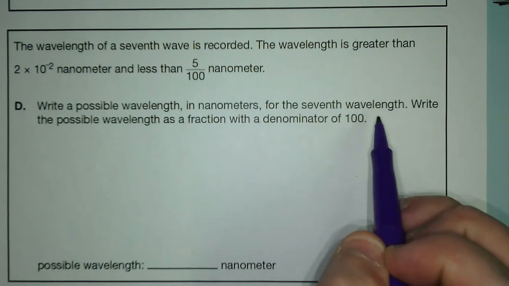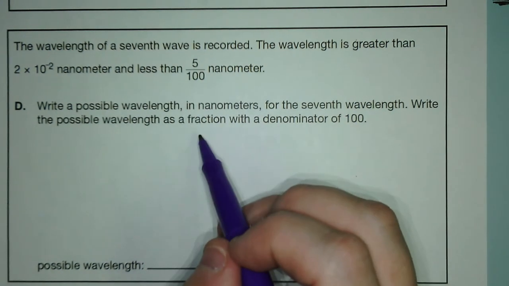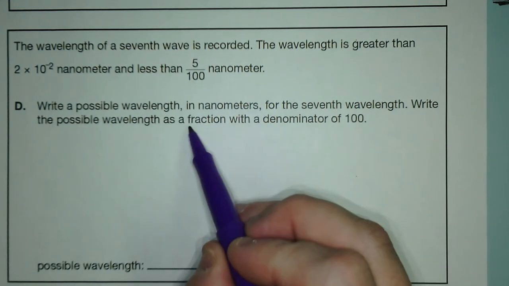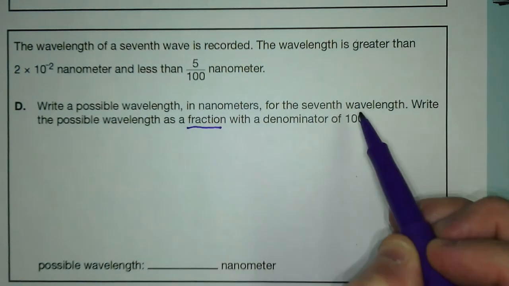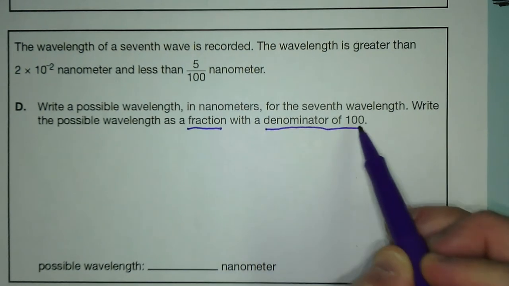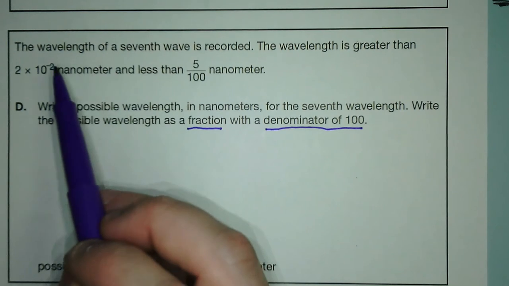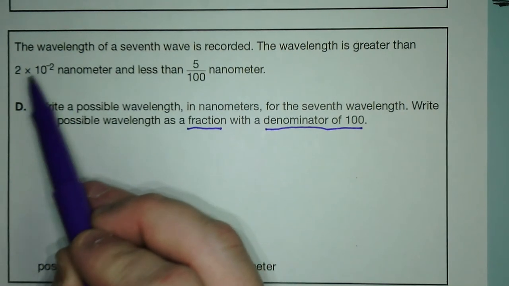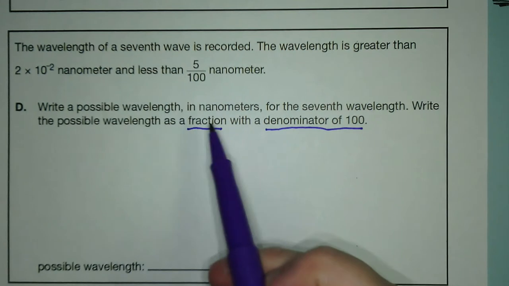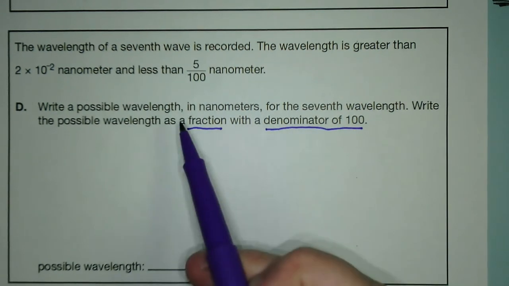For the 7th wavelength, write the possible wavelength as a fraction with a denominator of 100. So first of all, I have to come up with a wavelength that's in between this and this. But they want it written in a very specific way.